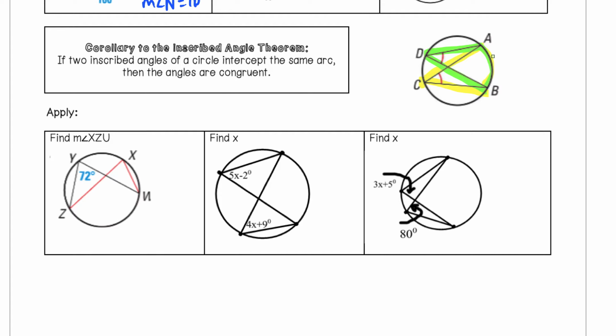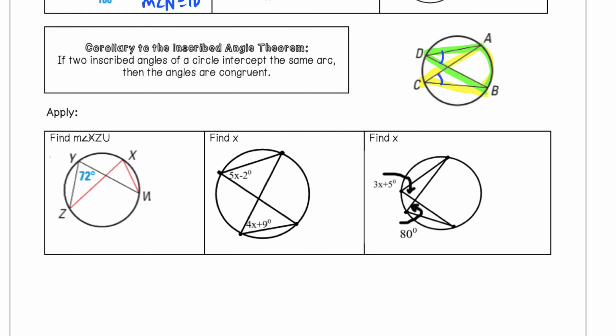So they have the same intercepted arc, and those two angles are congruent. Since AB was the intercepted arc, ADB and ACB must be congruent.